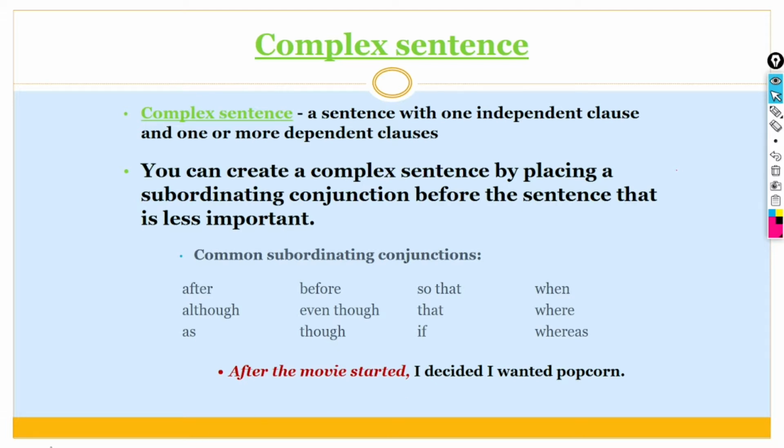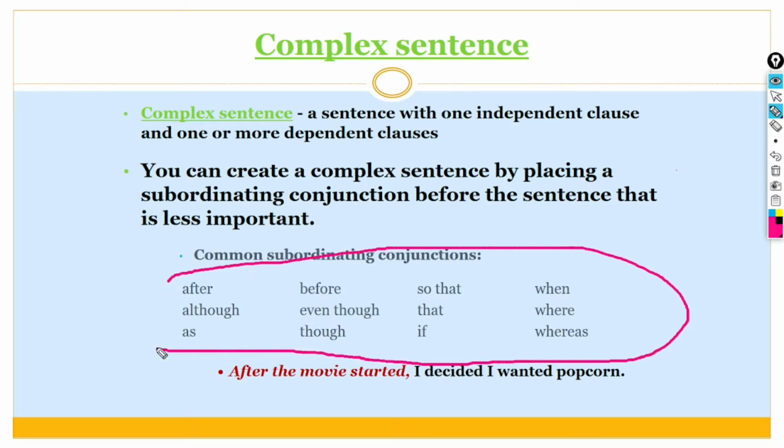Here you can see a few subordinate conjunctions: after, although, as, before, even though, so that, if, when, where, and whereas. These subordinate conjunctions are used to connect the independent and dependent clauses in a complex sentence.